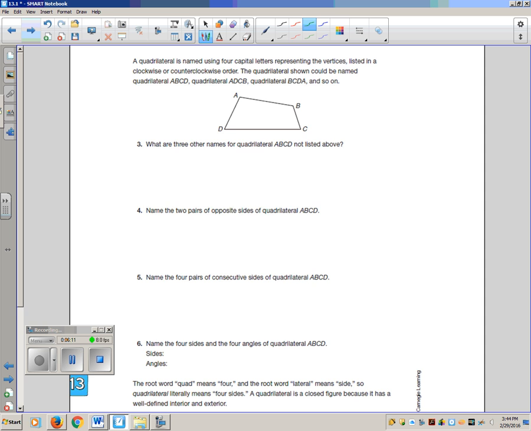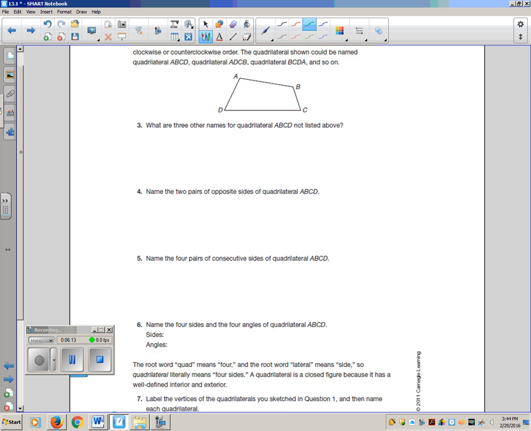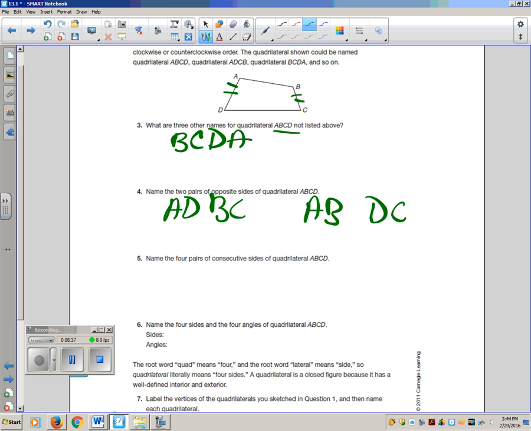All right. We name quadrilaterals the same way. So here's ABCD. We could name it BCDA. There are lots of different ways. Number 4, name two pairs of opposite sides of the quadrilateral. AD and BC are opposite. AB and DC are opposite.